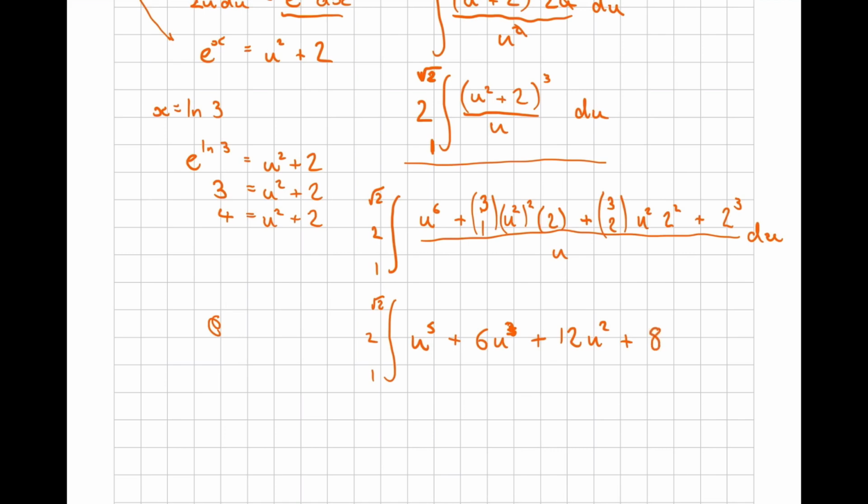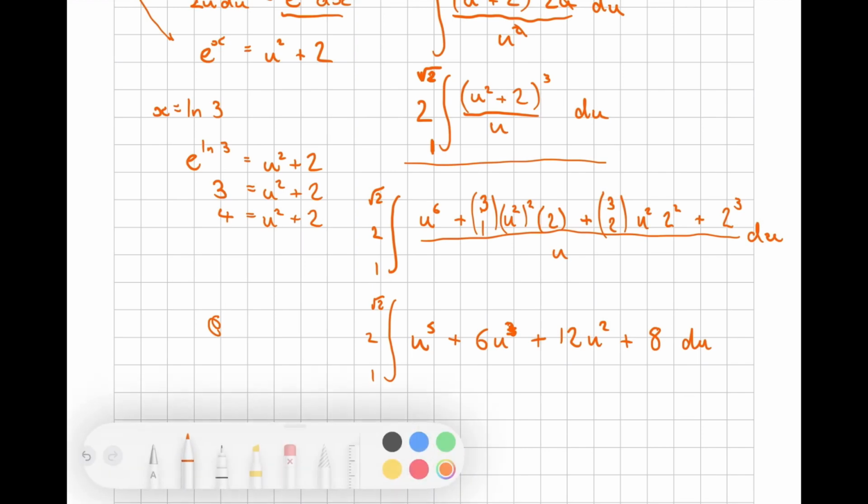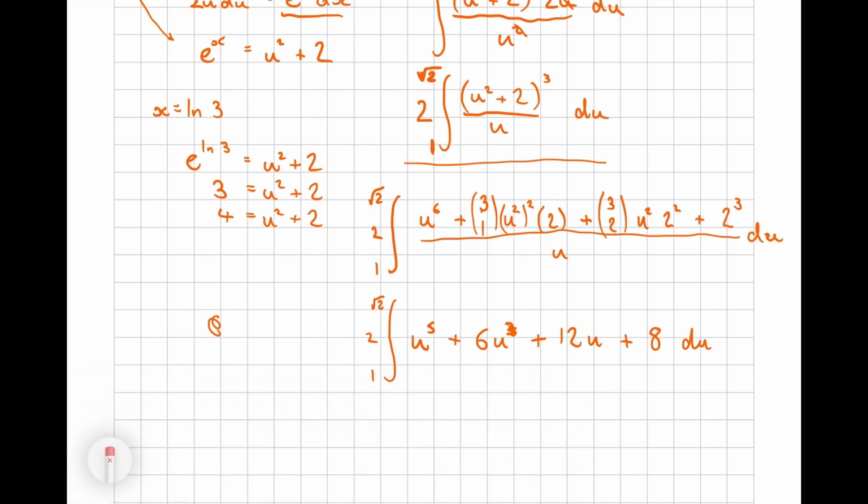I've forgotten to cancel the u there. I think I'll go back and do it. And then 8 over u is, of course, 8u to the minus 1, which again I have forgotten to write down. I'm sure I'll come back and adjust that.